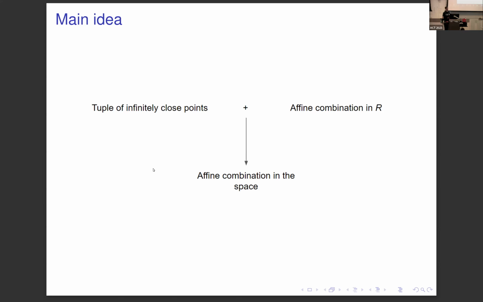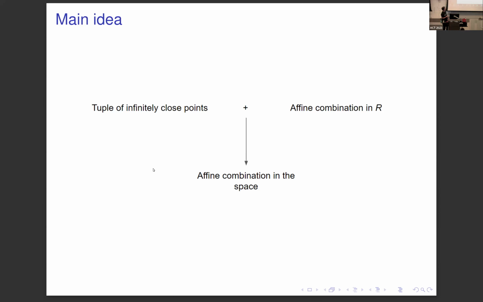Okay, so now how do we make the idea precise of how a space becomes an infinitesimally affine space? We now know what infinitesimals are, and that means we also know how to speak about infinitely close points. So now I can look at a finite family of infinitely close points, and I can just do affine combinations of them.